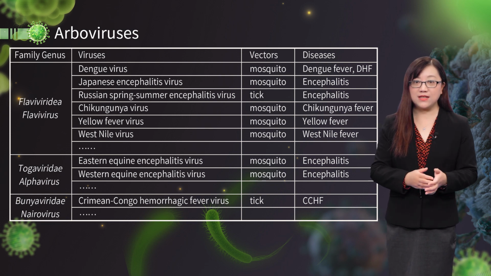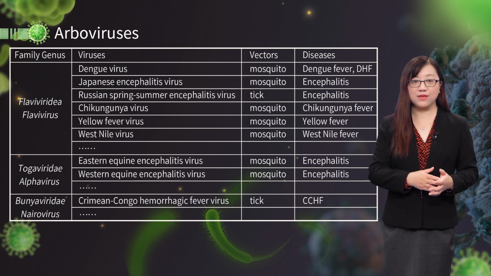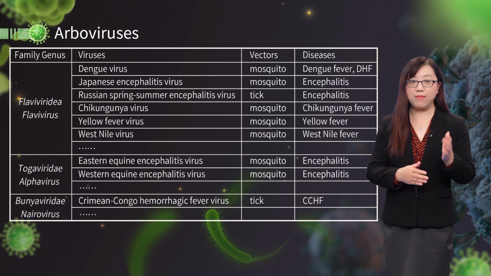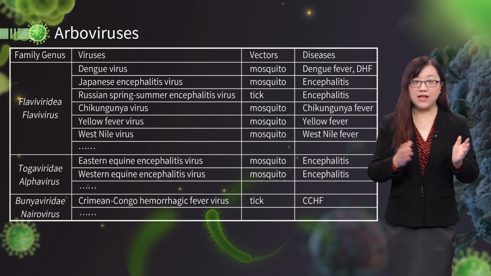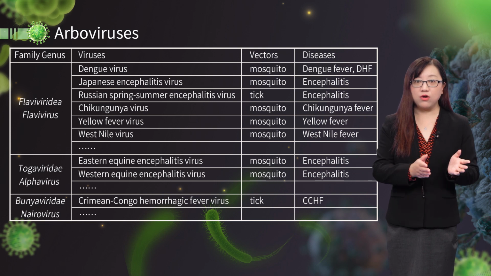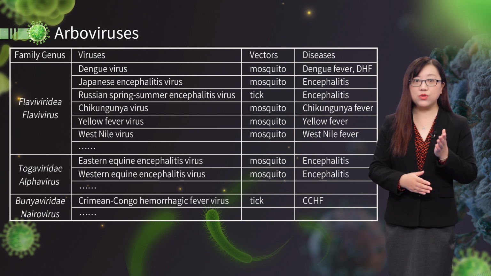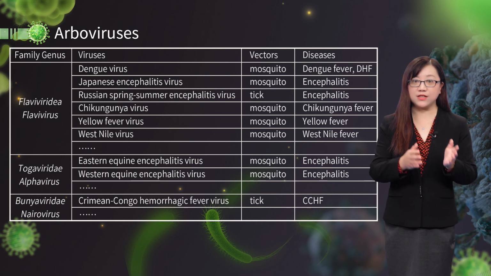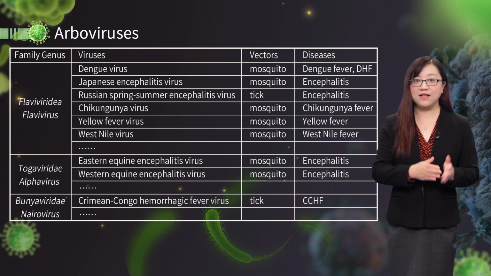Eastern and Western equine encephalitis viruses are togaviruses, with mosquitoes as vectors. Crimean-Congo hemorrhagic fever, CCHF virus, and yellow fever virus, similar to dengue virus, can cause bleeding and fever. So they are also grouped into hemorrhagic fever viruses, which will be discussed in the next session.